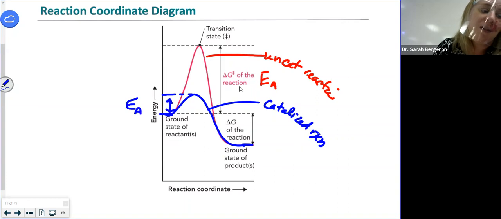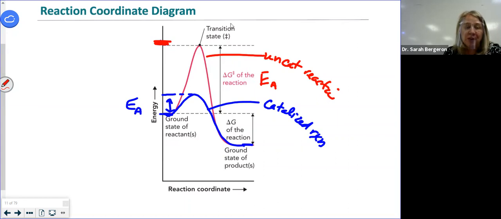So this is EA of our catalyzed reaction. How much smaller is it? Very much smaller. You have to go all the way up here to get to our uncatalyzed reaction, whereas you only have to get up to this amount of energy for our catalyzed reaction, which is much easier to do because you don't have to input as much energy.